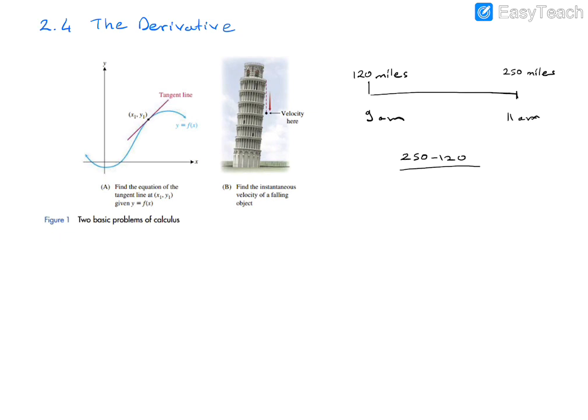When you divide by the elapsed time, 11 minus 9, you find the average rate of change of the distance with respect to time. This ratio gives us the average rate of change of that situation. This is 65 miles per hour.